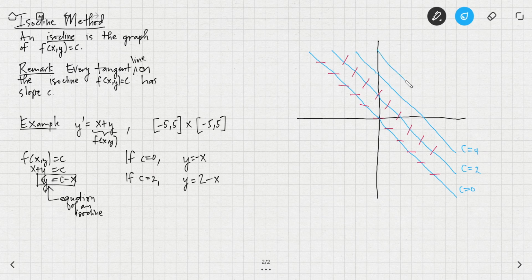Ito naman. C equals 8. Ito siya. And C equals 10. Okay. So personal choice ko ito na by increments of 2 yung C natin, since if I do by increments of 1, masyadong magiging masikip yung graph natin. C equals 12, yeah. And then let me draw C equals negative 2.